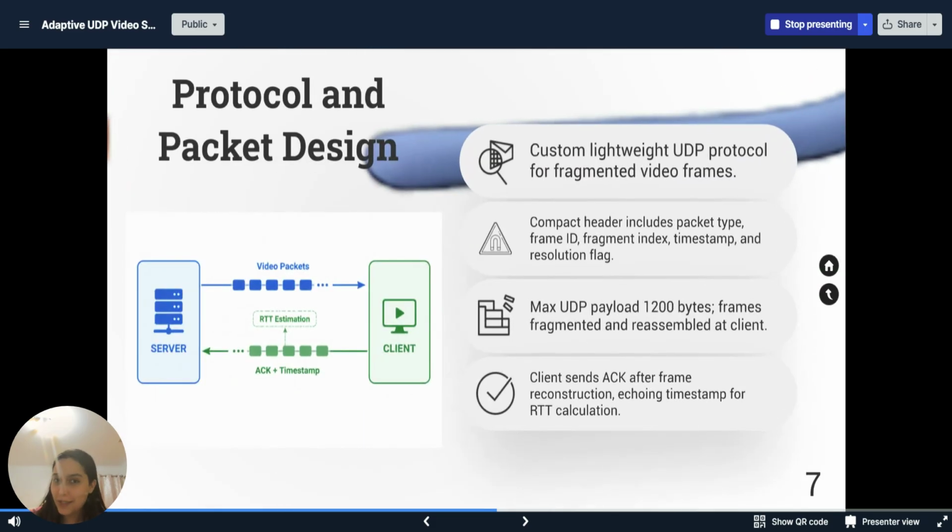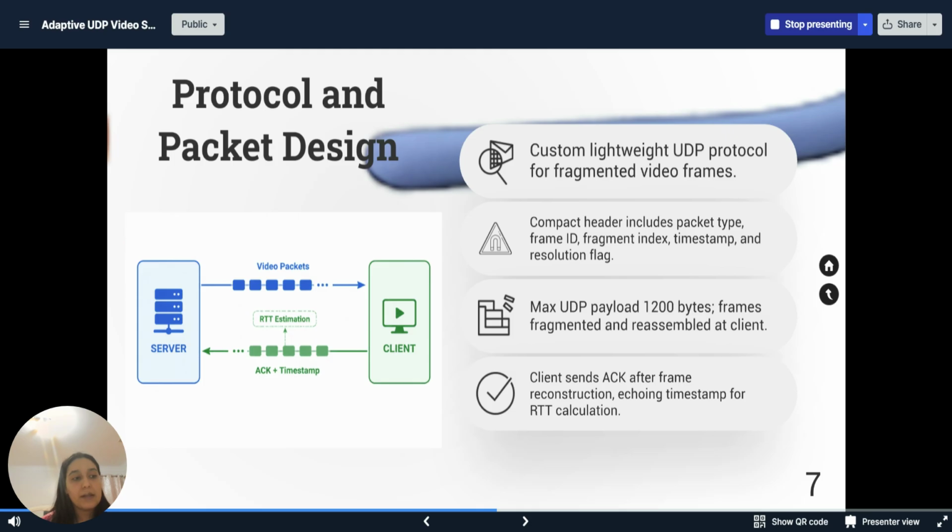Diving into the system more, we have the protocol and the packet design. To implement this, we developed a custom lightweight UDP protocol for these fragmented video frames. We made a header of only 8 bytes, including the packet type and the frame ID.